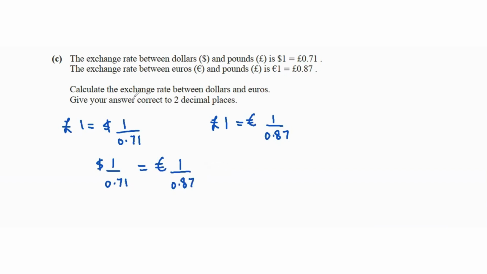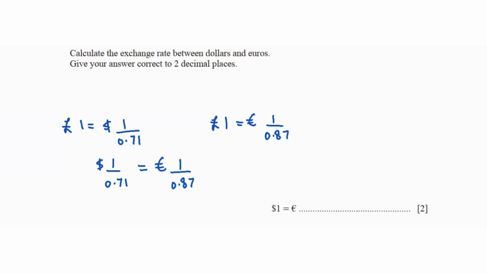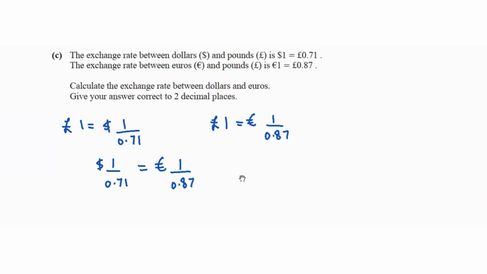So we have to find how much $1 equals in euros. So that means $1 equals 0.71 divided by 0.87. And that is going to give us 0.82 euros. So that is your answer, correct to 2 decimal places.